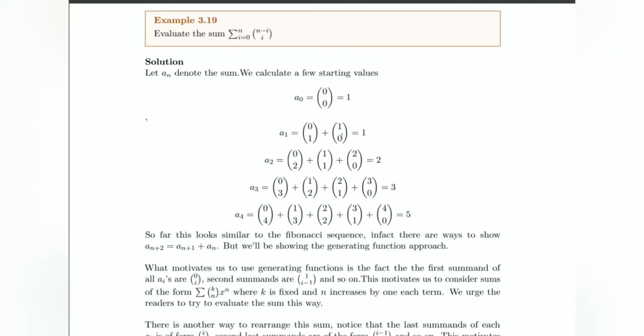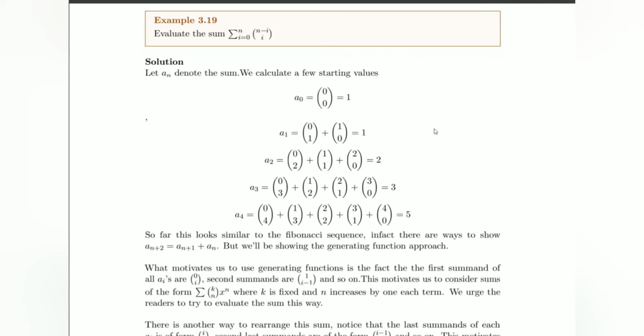Then 1 choose 0 x plus 1 choose 1 x squared plus 1 choose 2 x cubed and so on. Another direction is you go this way. So you do 0 choose 0 plus 1 choose 0 x plus 2 choose 0 x squared plus 3 choose 0 x cubed and so on. Then 0 choose 1 x plus 1 choose 1 x squared plus 2 choose 1 x cubed and so on. Note that we are just changing the order of summation. We are not doing anything fancy here.